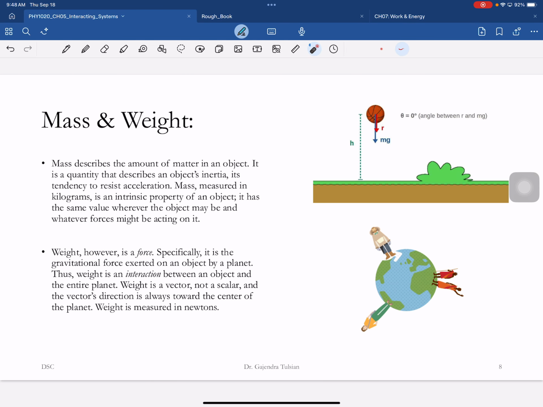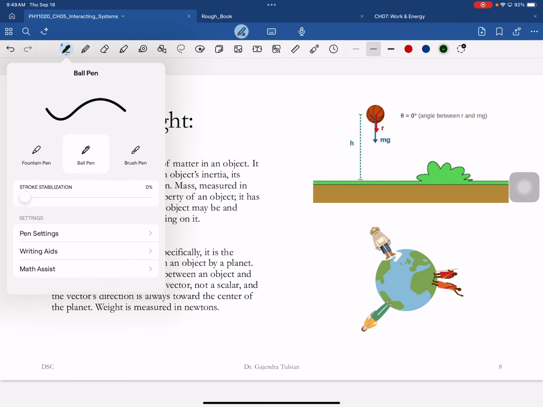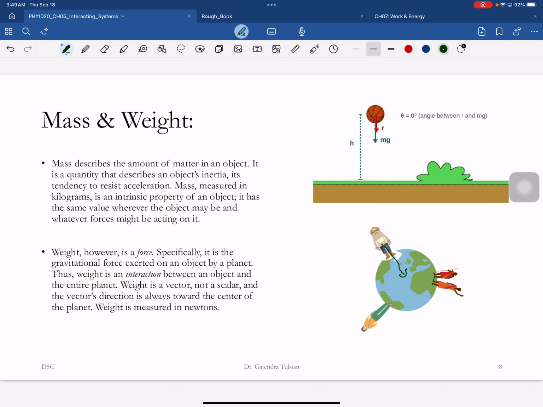Now we'll understand these two terms, mass and weight. Mass measures how much stuff there is in you. Weight is the force with which the planet you're standing on pulls on you. So your weight is the force with which Earth is pulling you down.